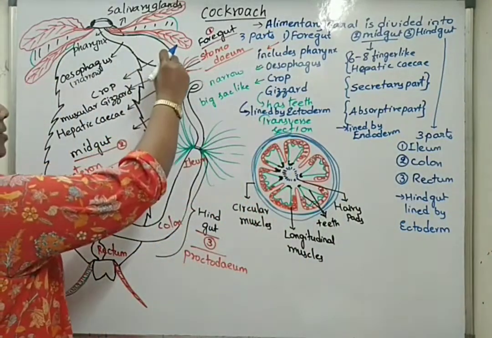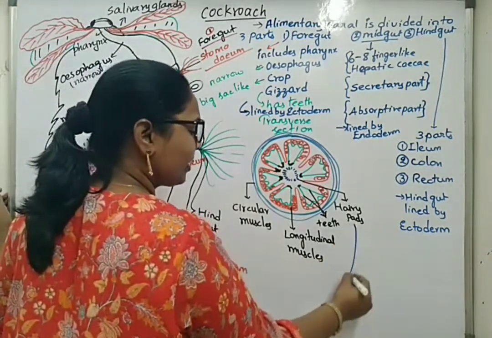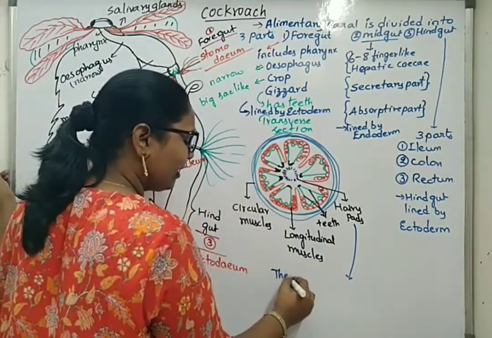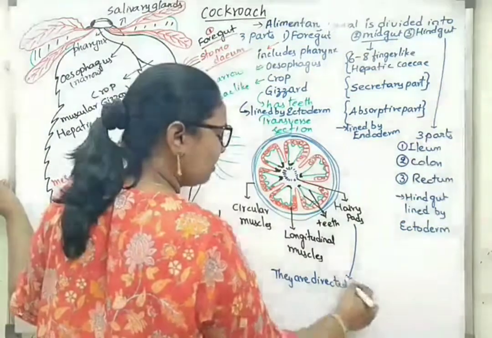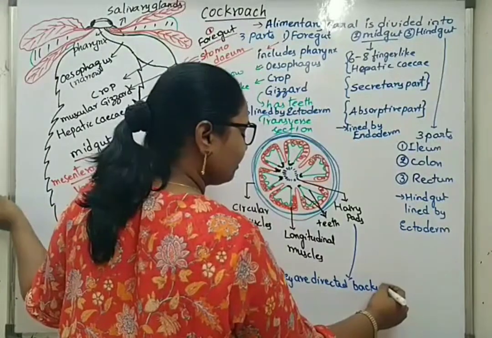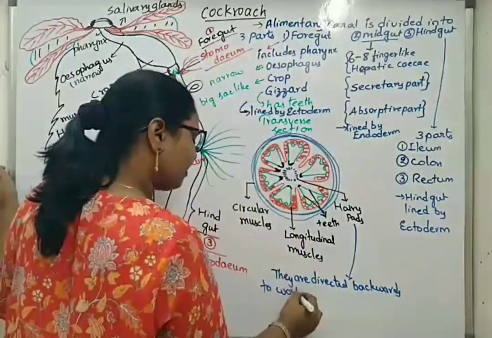So, after crop, we have seen about the gizzard. We have to write about these structures. They are directed backwards to work as sieves.